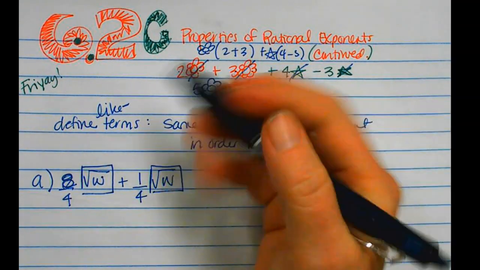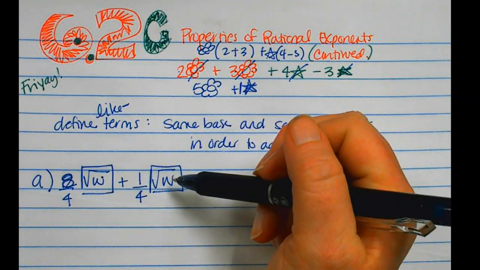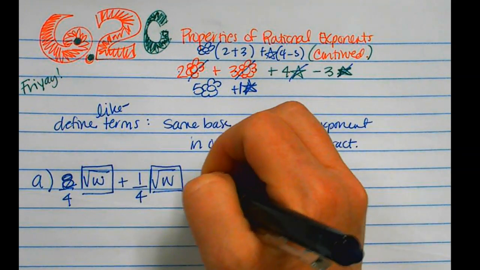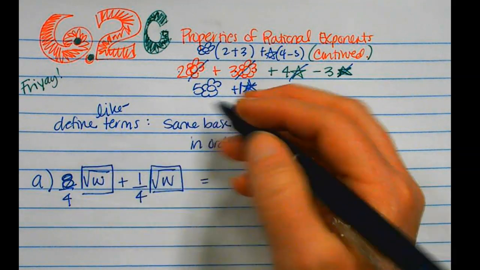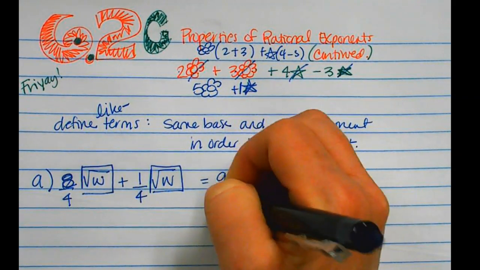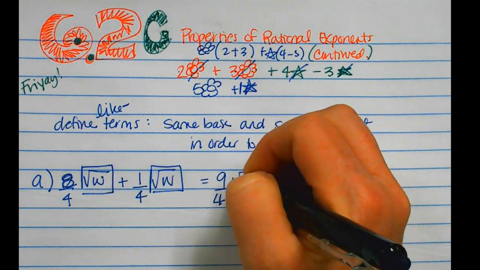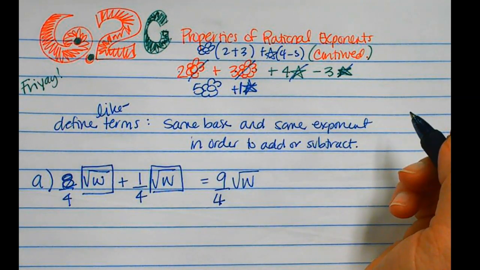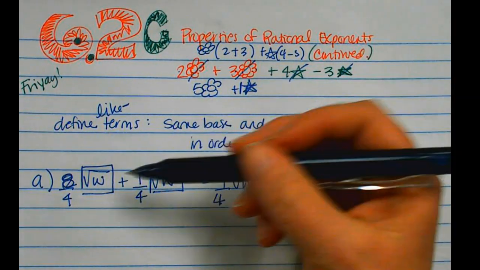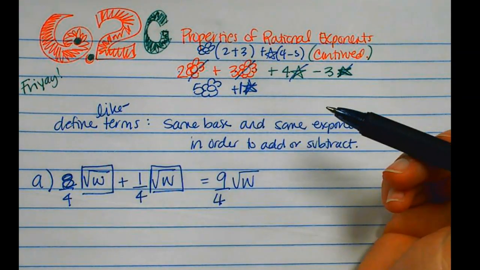And if the boxes look exactly the same inside, then I can add the coefficients together. I would say I have 8/4 plus 1/4 is 9/4. And then I keep whatever's in the box, the square root of w. If I try to box up what's after that coefficient and they're not exactly the same, I can't add them together. They're not alike. Okay?